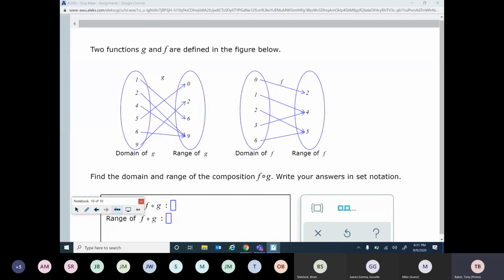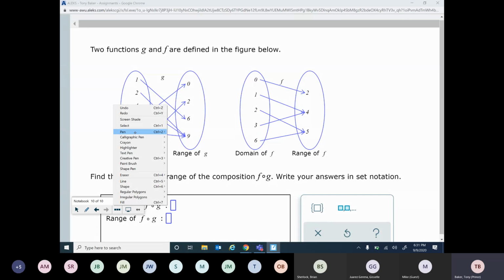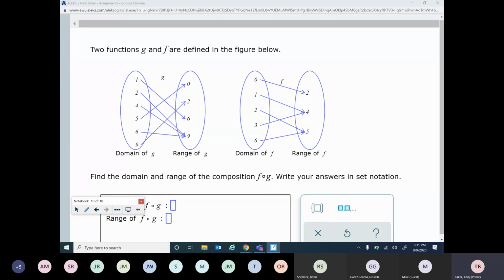On this one, what they want you to do is take the line and go through. So let's look at the 1 first. We're going to start off at 1. 1 goes to 6. And now I'm going to go over here to the 6, and 6 goes to 5. So 1 goes to 5.